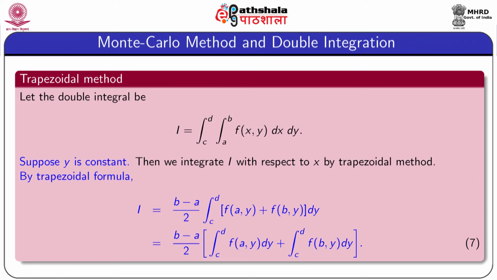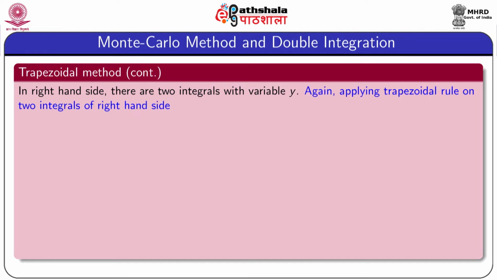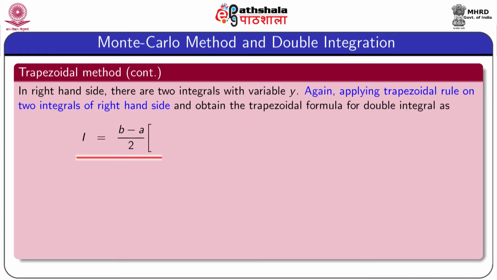and 7 represents two integrals, and the variable of these integrals is y, only y is the variable. Now again we apply the trapezoidal method to the right hand side, and there are two integrals with variable y. Again applying the trapezoidal method on these two integrals of the right hand side of the previous equation, we get I equal to (b minus a) by 2, and this is the value of the first integral obtained by the trapezoidal method.